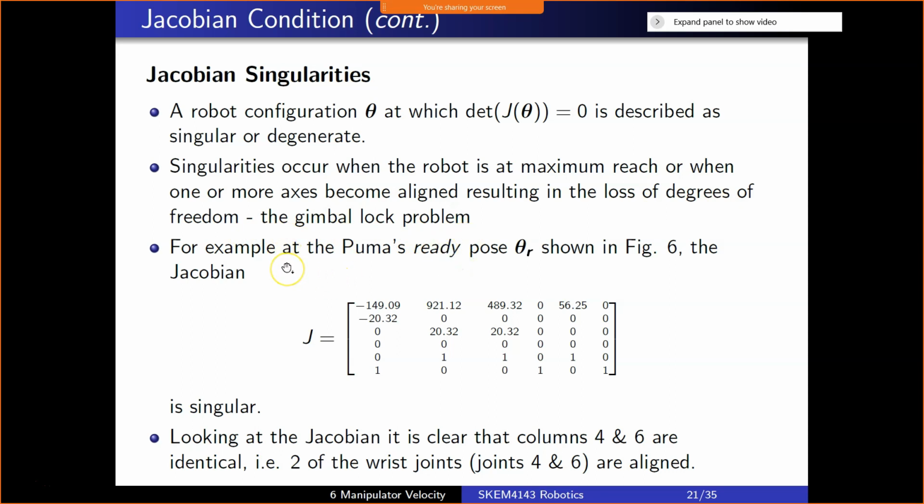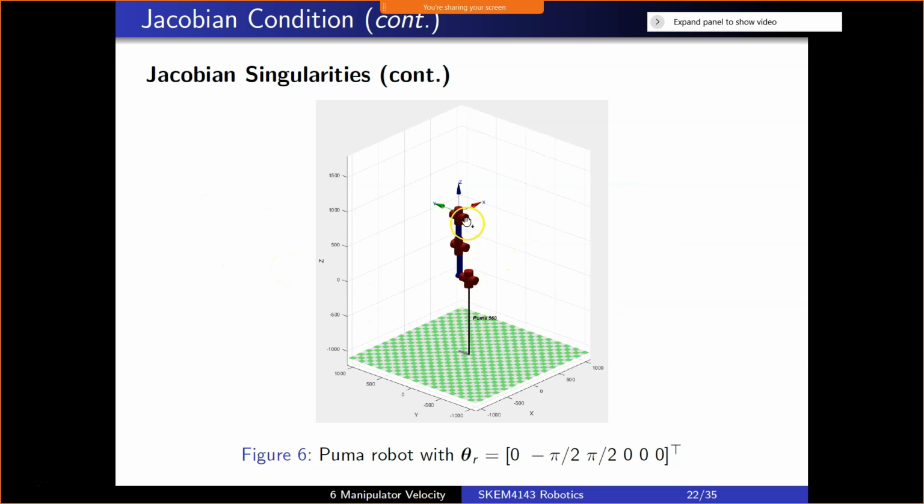For example, at the Puma's ready pose, with theta 1 being 0, theta 2 is minus 90, theta 3 is 90 degrees, and theta 4, 5, 6 are 0 degrees. At this configuration, J becomes singular.